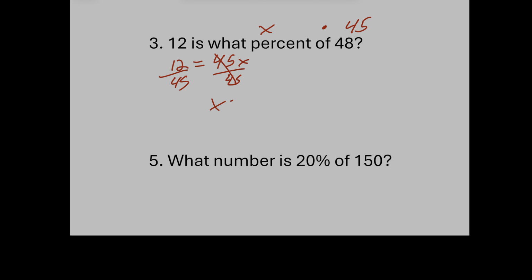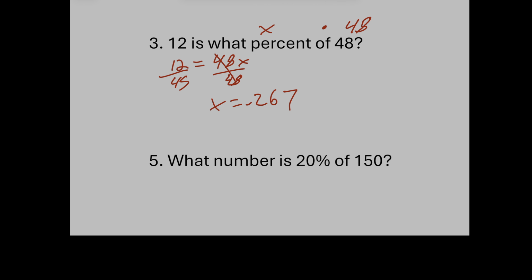My X is going to equal whatever that math is. 12 divided by 45 is, let me make sure, well, we can always talk about how we round things out, but I'm going to write 0.267. Now, you can also take a look and notice that this says 48 and I wrote 45. So I made a huge mistake.